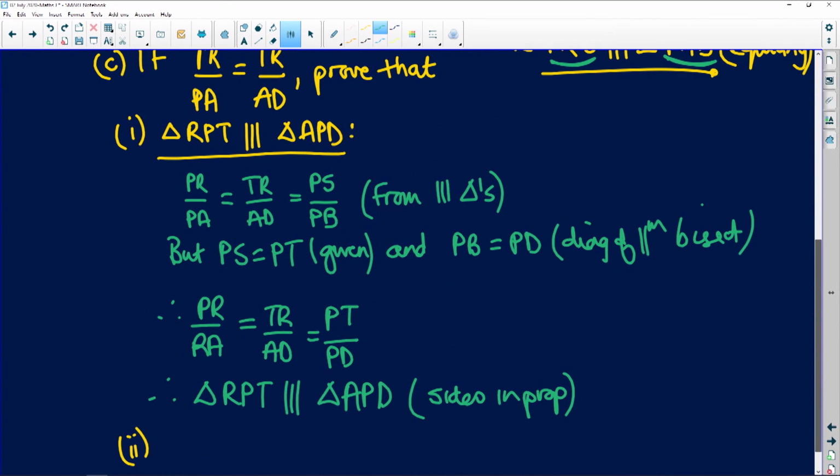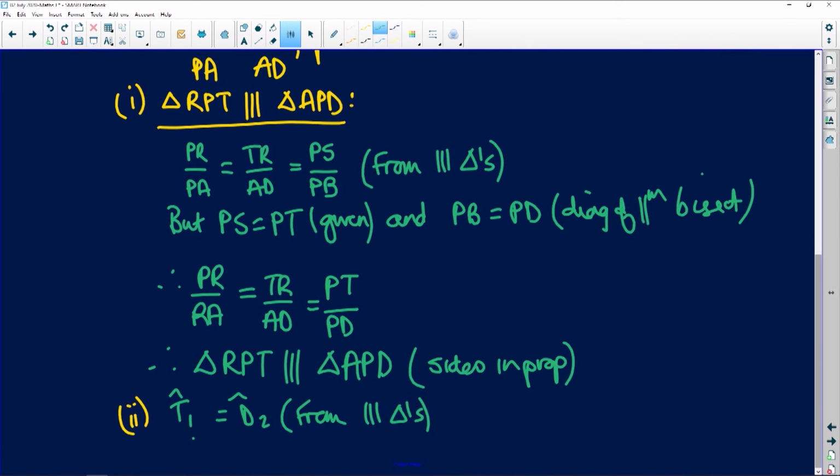Okay, so all we need to say is that angle T1 is indeed equal to angle D2 from the similar triangles, and then finally we can conclude that it is indeed a cyclic quad, and the reason is exterior angle equals the opposite interior angle. Again, it's a converse. We're using converses here quite regularly in this proof.